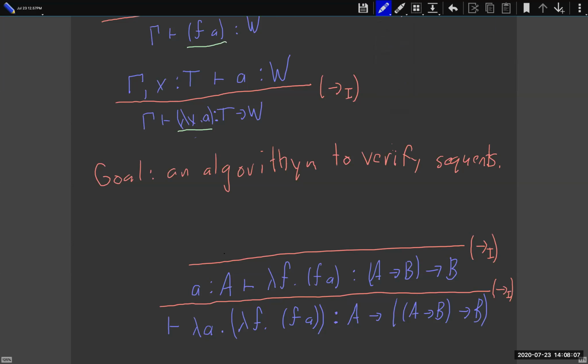The premise is little a proves big A, and there's another one. Yep. Would it be little f proves A implies B? Exactly.